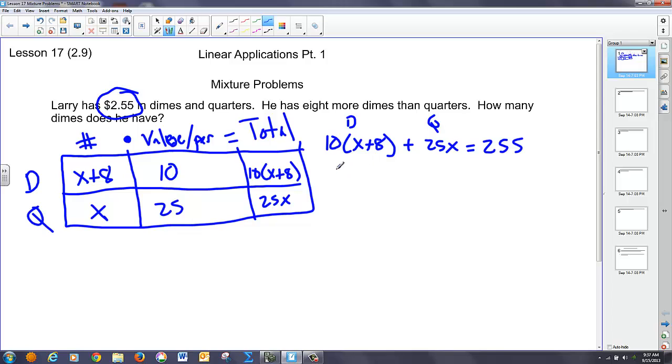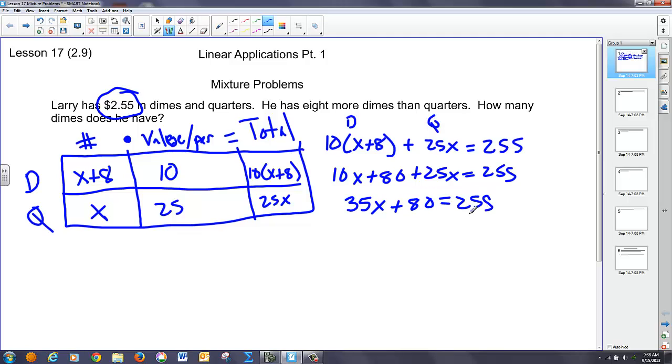And distribute through, so I have 10x plus 80 plus 25x equals 255. I combine my like terms, that's 35x plus 80 equals 255. I'm going to subtract 80 from both sides.